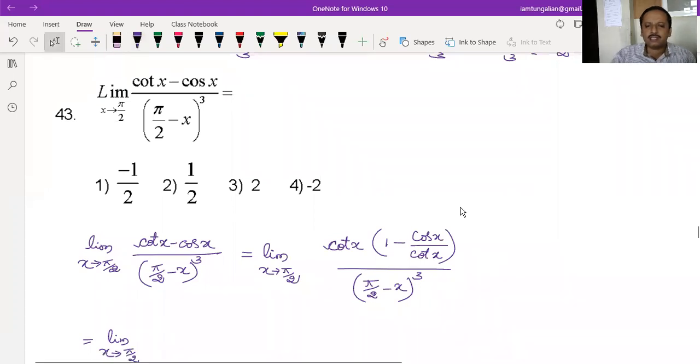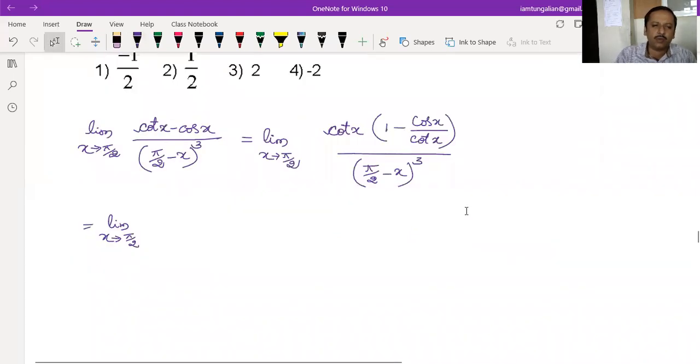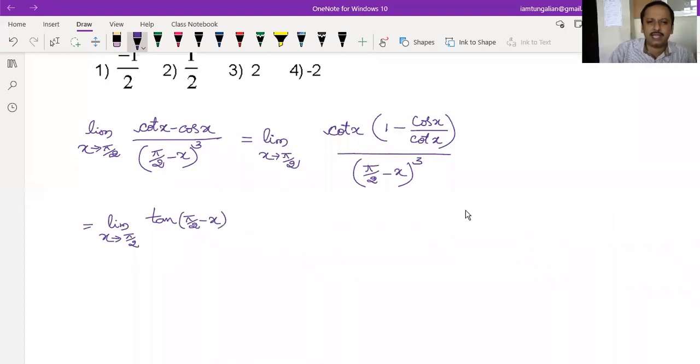This cot x is there now. Cot x can be written as tan of pi by 2 minus x, into 1 minus, see cot x is there. I will write cot x as cos by sin.